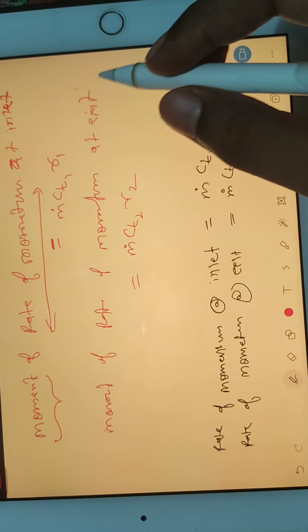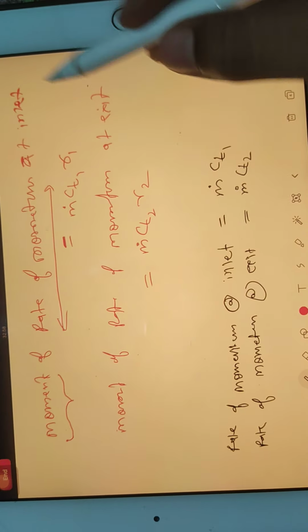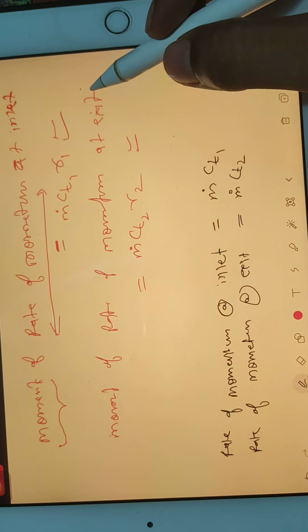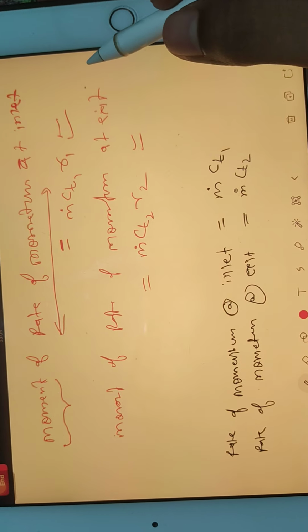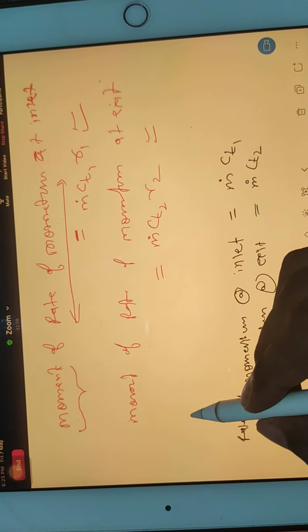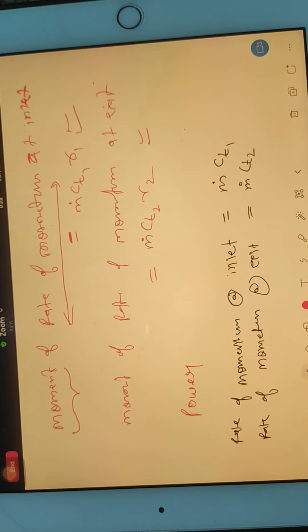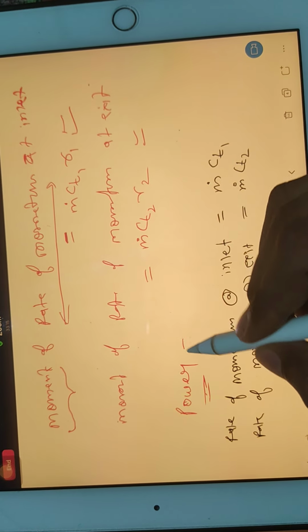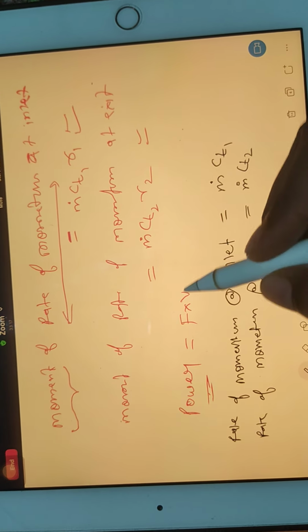Now you understand one very basic logic. This is also kind of torque, this is also kind of torque. So if I want to find out power, you remember in our basic physics, our power is either force into velocity.